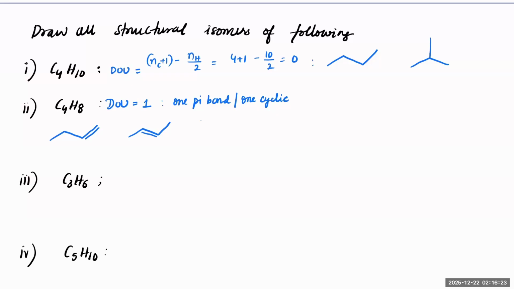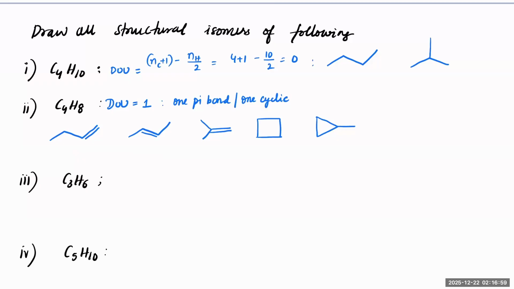And next, I can keep a straight chain with a branch here. This is another way I can keep it. So these three are the ways by which we can keep the straight chain form and a pi bond. Then let's start with cyclic structure. A 4 carbon cyclic structure will be here, or one cyclic structure with a methyl group.